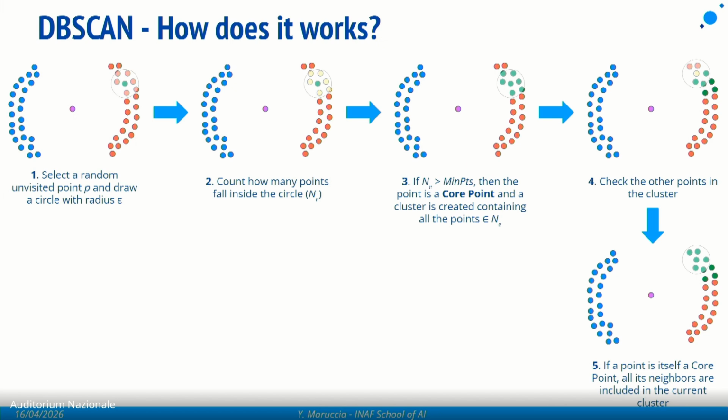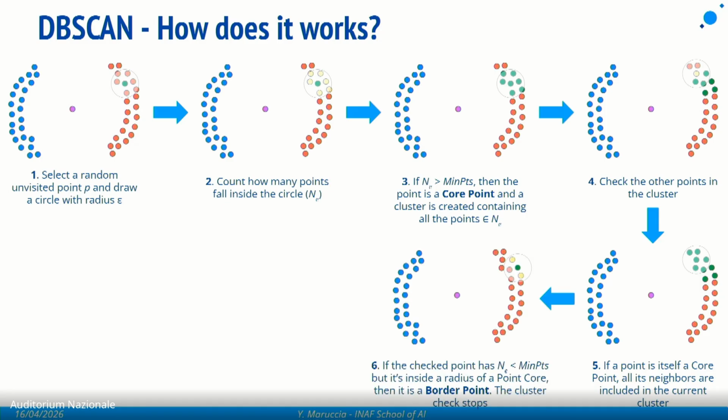If a point is itself a core point, then all its neighbors are included in the current cluster. Then, for example, the algorithm finds a point that is a border point because, as you can see, there are not many points within its radius.